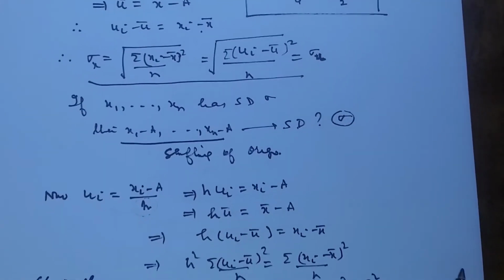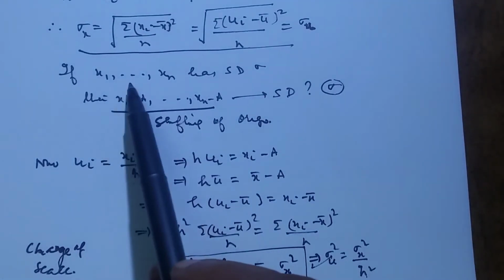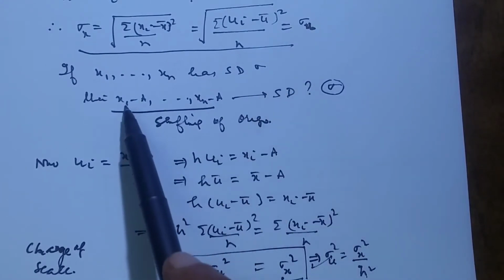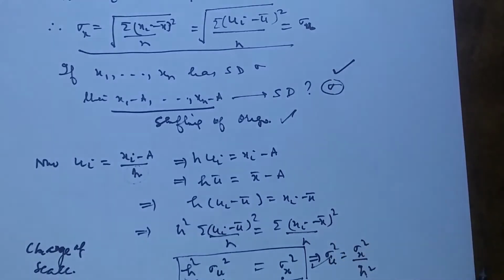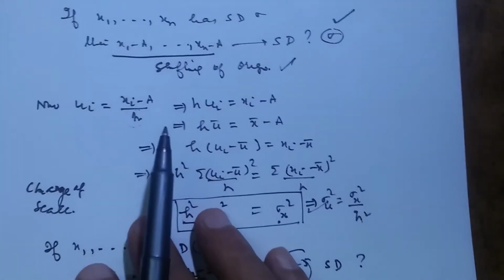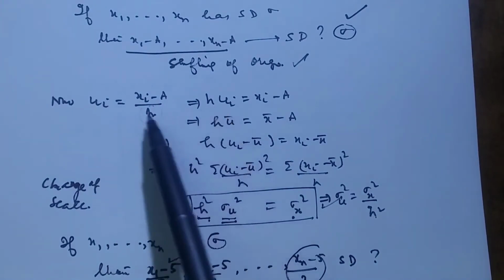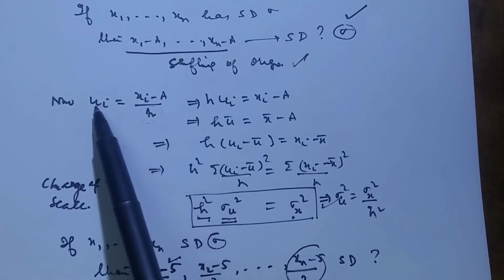Let's talk about how it varies when there is a change of scale. Now suppose x1, x2, xn have standard deviation sigma. We said shifting the origin does not cause a change. Now we go to the next part, the change of scale. The scale is divided by h, so xi is divided by h. What is the standard deviation of this variable u?